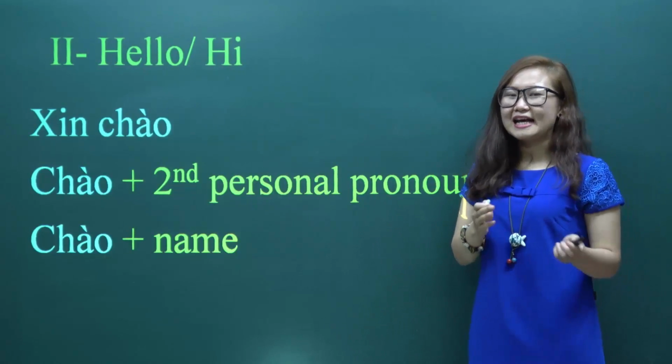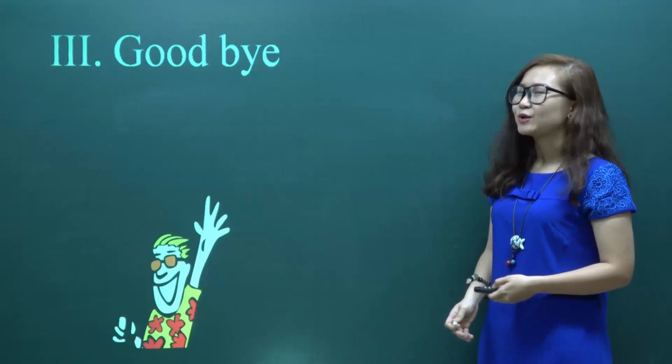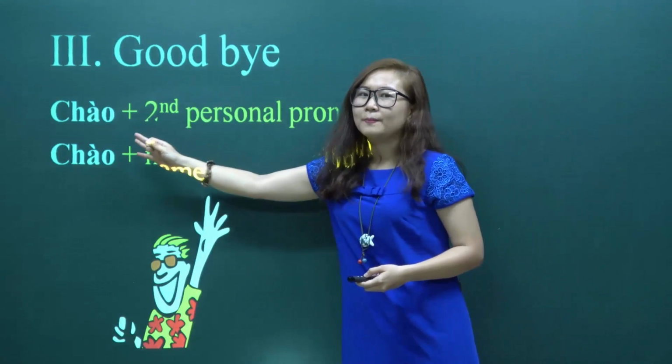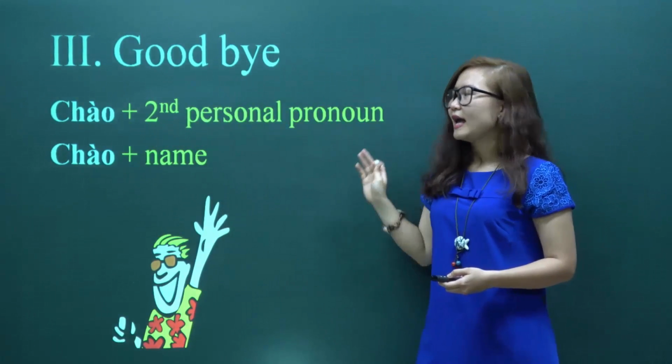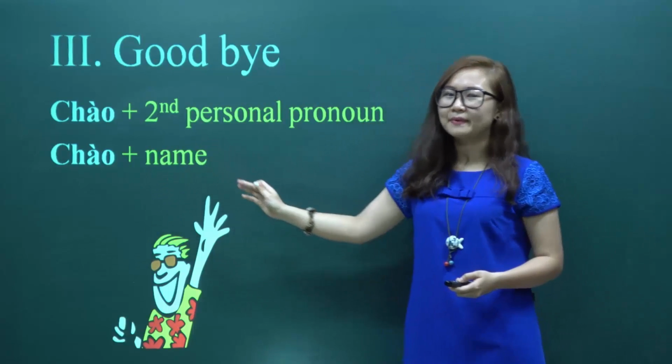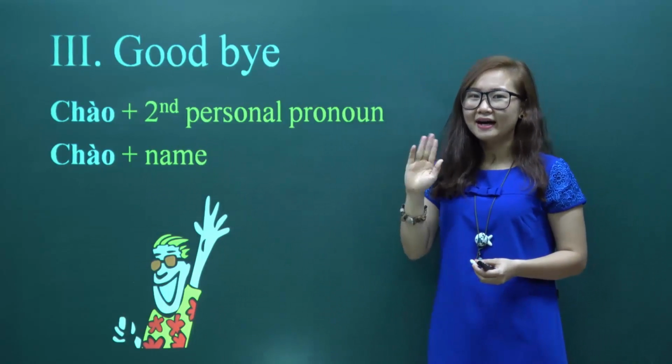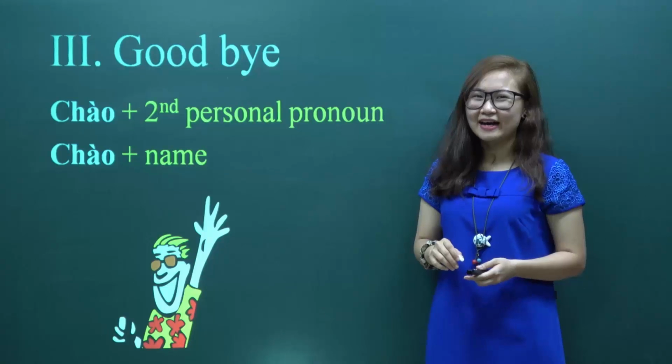Let's move on to the last part, which is how to say goodbye. Luckily, the 2 structures, chào plus second personal pronoun and chào with the name, can be used to say goodbye. Very easy, right?